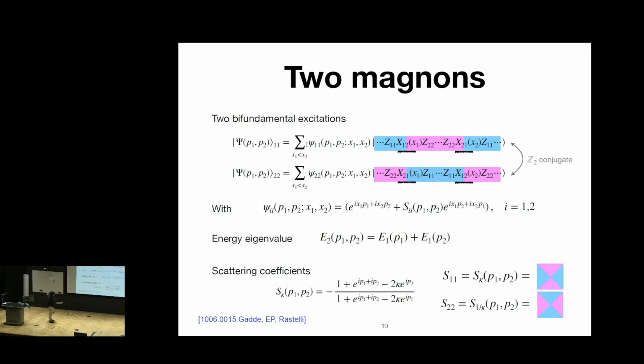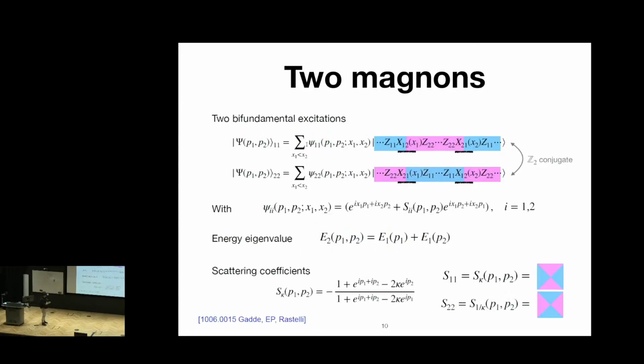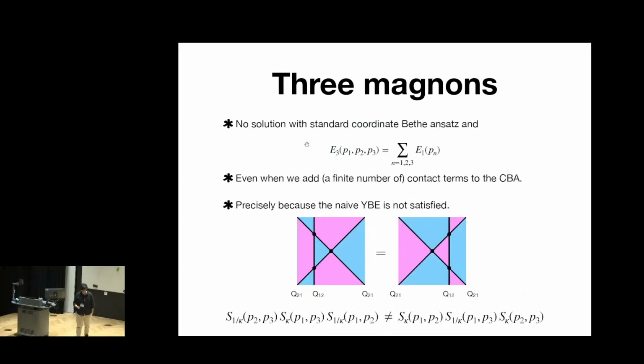And when we look at the amplitudes, the scattering coefficients, they come with a pattern, and the pattern is precisely, you can say, the XXZ scattering matrix with anisotropy parameter kappa, but now both of them appear, one with kappa and one with 1 over kappa, where kappa is the ratio between the two coupling constants. Yes, it's the way you go from red to blue. And yes, you should really think that these things are colored.